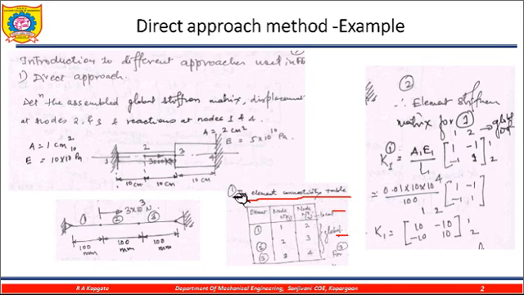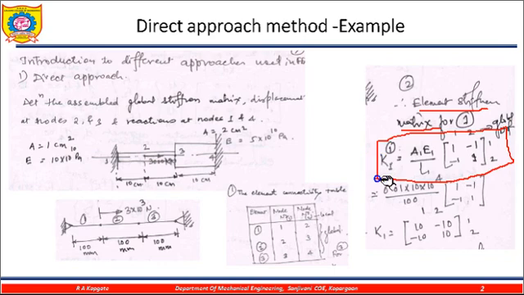Once we have the element connectivity table, we need to find the element stiffness matrix. Now this is the formula for link 1. This is the already derived formula for the bar.